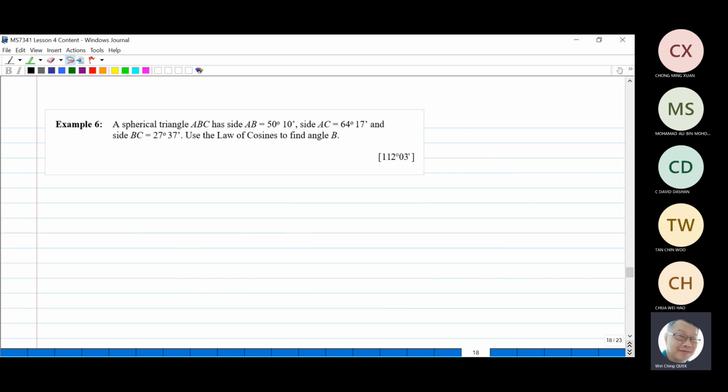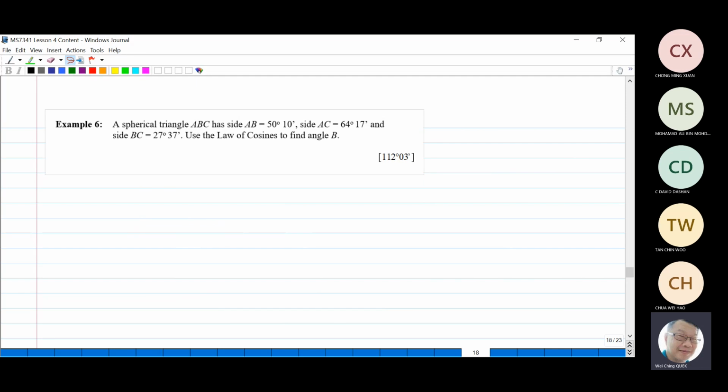Same thing for the law of sine and law of cosine: you can also apply them to a spherical triangle with 90 degrees, but this is for a general spherical triangle.